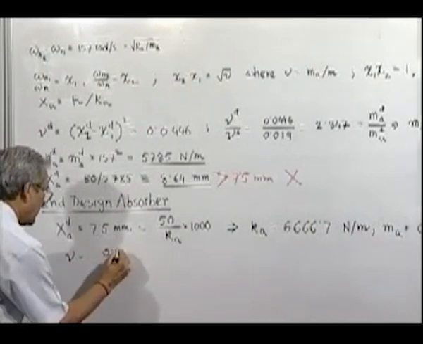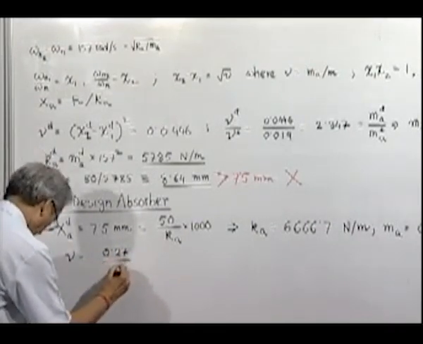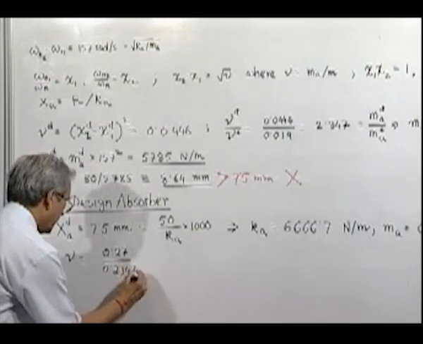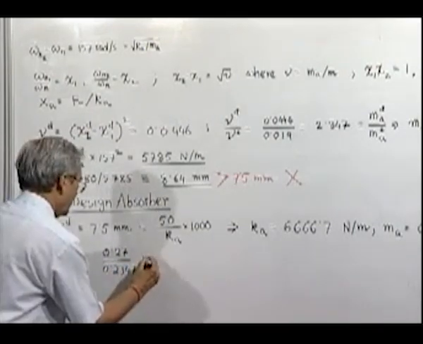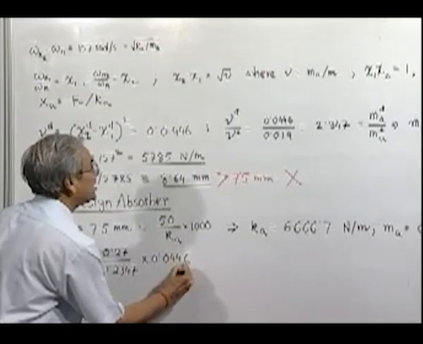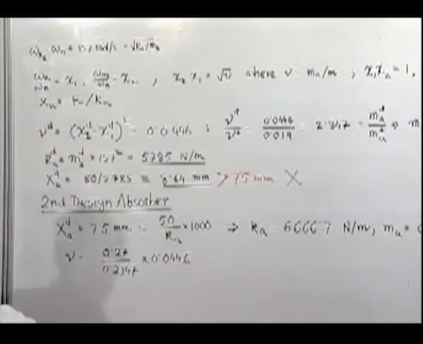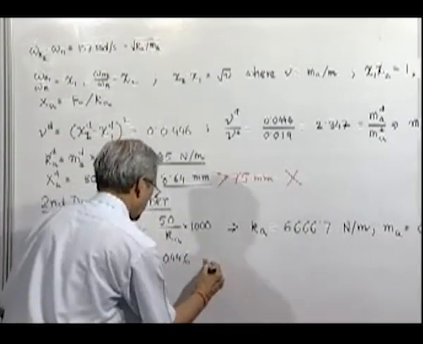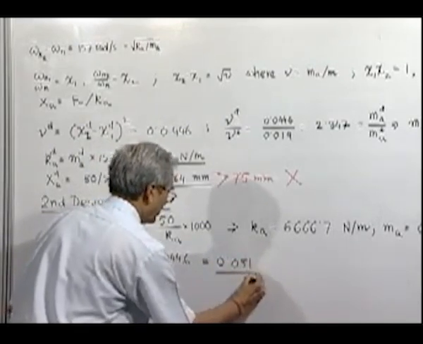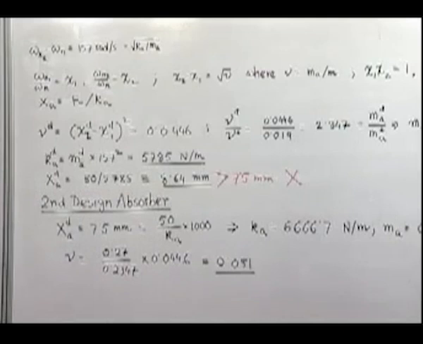Obviously, 0.27 by 0.2347 into 0.0446, and this becomes 0.051. So, we have been able to find out nu.